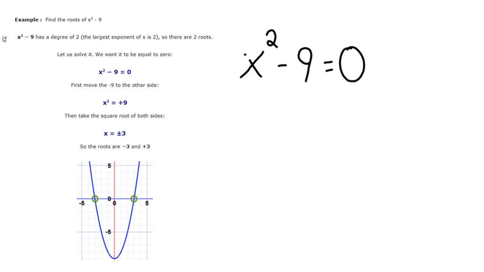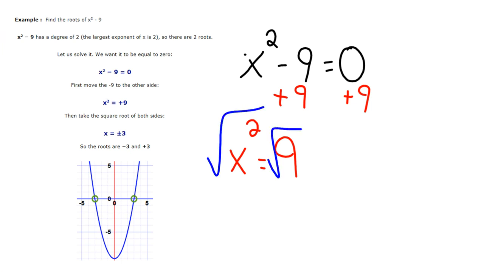The first thing we should do would be to add 9 to both sides, which gives us x squared is equal to 9. Last step in solving now would be to take the square root of both sides, and the answer will be x equals, now this is where the 2 roots come in, plus or minus 3, or positive or negative 3.